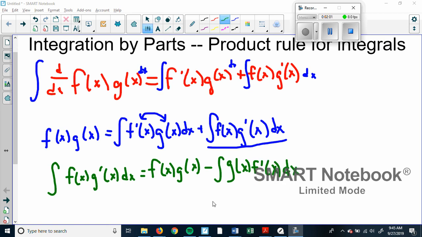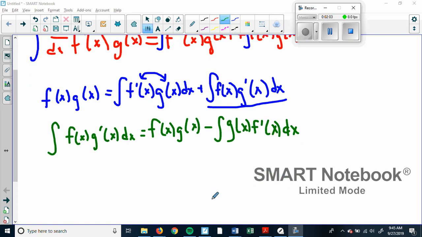Let me get that out of the way of the smart notebook. Instead of writing it this way, what we tend to do is let u equal f of x and v equal g of x.